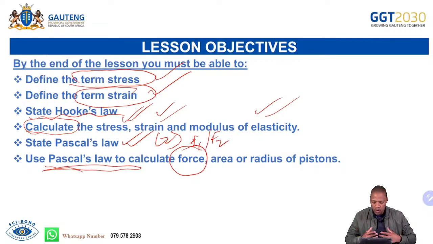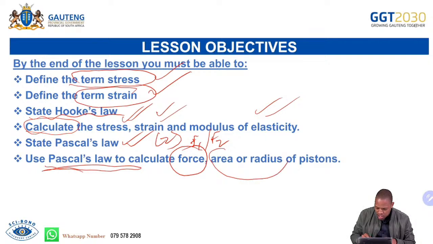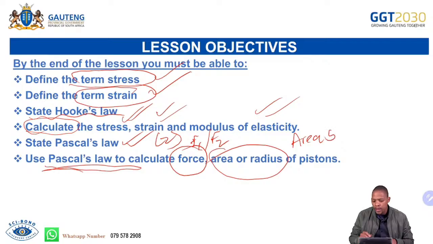You will see when we deal with it, but I'm sure you have an idea by now, because we're just doing a revision. Then there are calculations of the radius of pistons, and also the areas of those pistons. Either you're calculating the area of a piston, the radius of the piston, or the force.